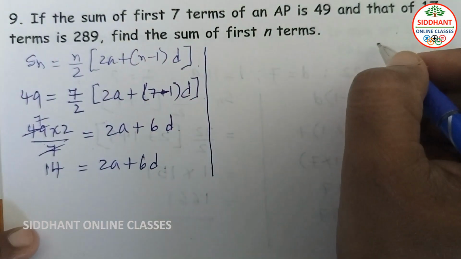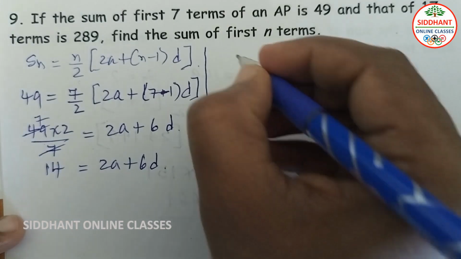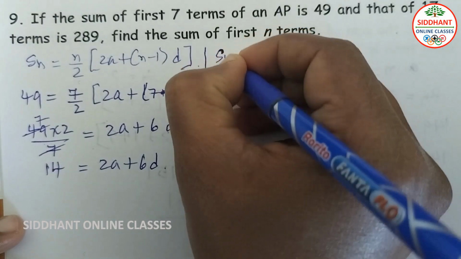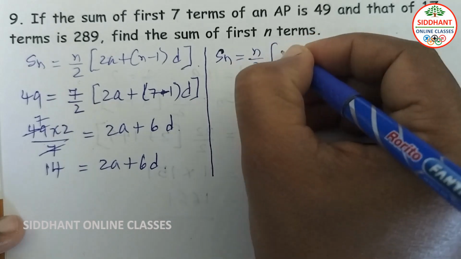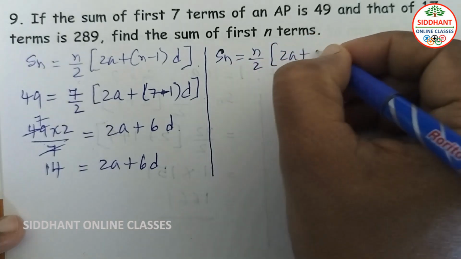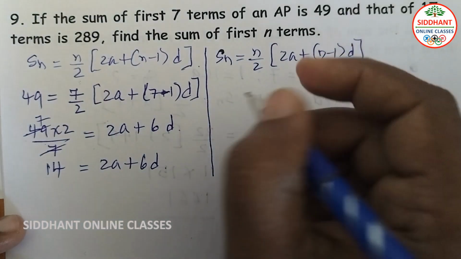In the next case, 17 terms sum is 289, that means Sn equals n by 2 (2a plus (n minus 1)d).